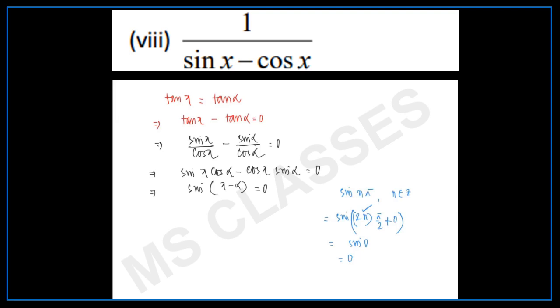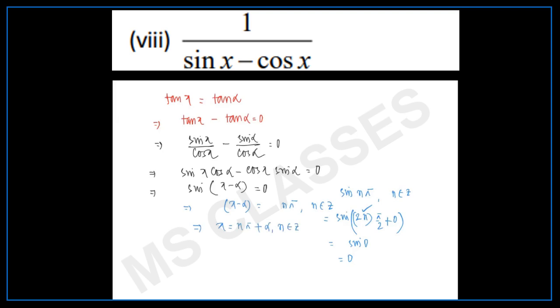Now, sin(x minus alpha) equal to 0, so this means sin(x minus alpha) equal to sin n pi, where n belongs to the integers. Instead of writing this step, we can write this one directly. So this means x equals n pi plus alpha, n an integer.